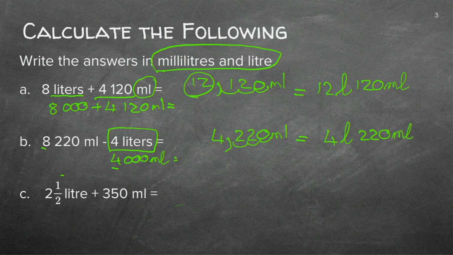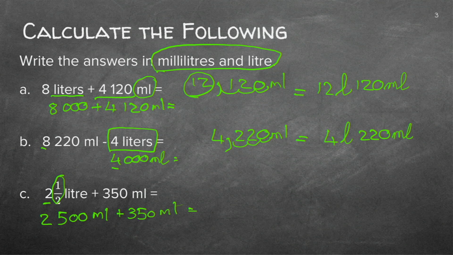Again, we know half a liter equals to 500 milliliters. So the 2 liter will be 2,000 milliliters. So here I have 2,500 milliliters plus 350 milliliters.